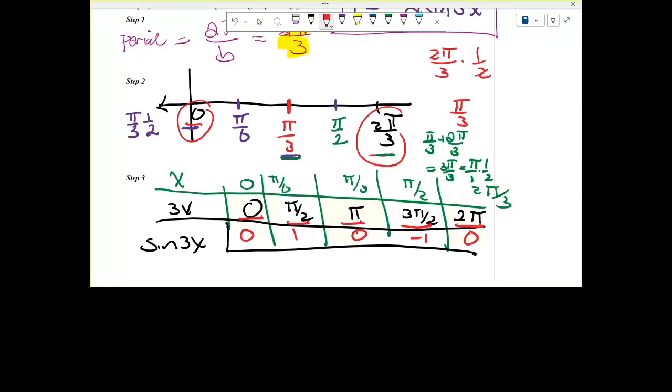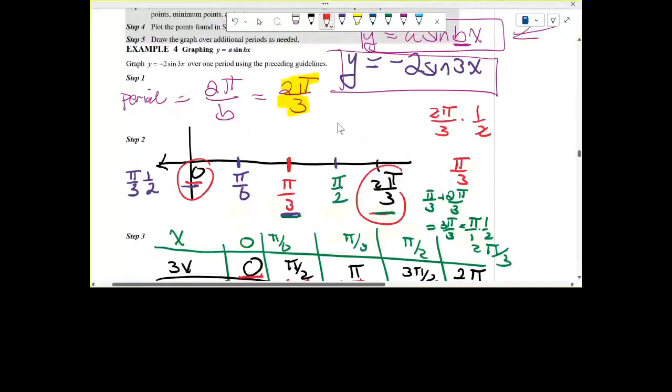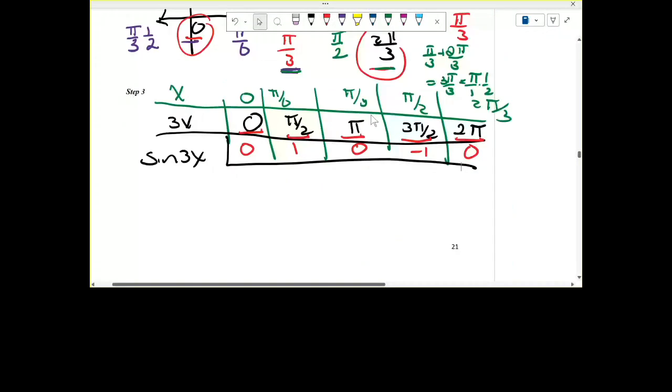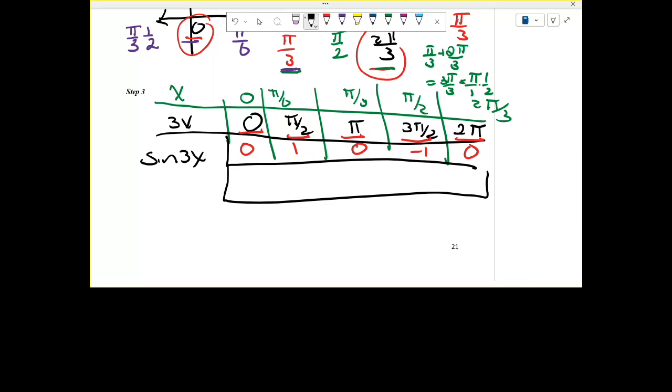The only thing is, we're not just looking at a sine of 3x, we're looking at a negative 2 sine of 3x. So we're going to come back down here and put negative 2 sine of 3x.